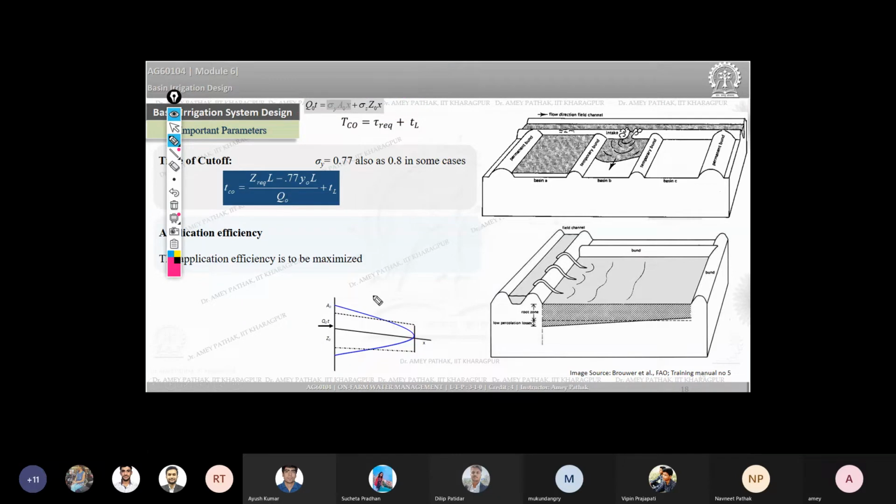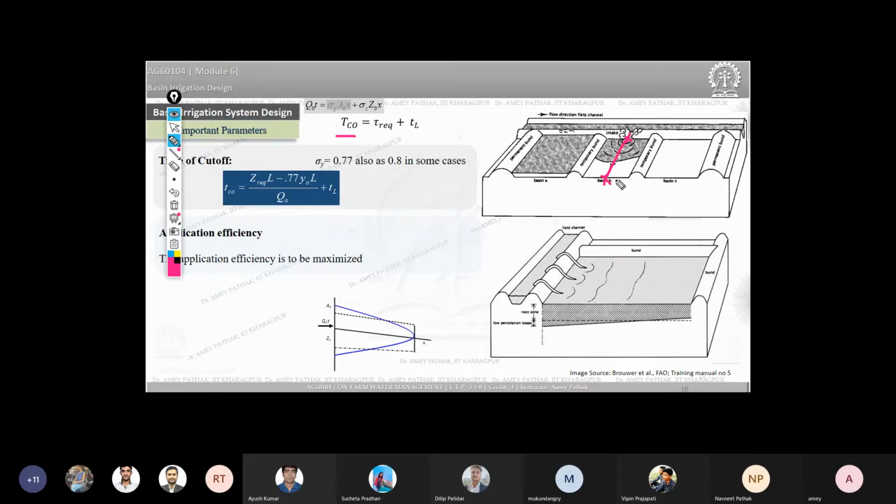Now, time of cutoff. Practically, if you want to conserve the water, time of cutoff should be what? If you are starting from here, time of cutoff should be the time for the waterfront to reach from this point to this point.